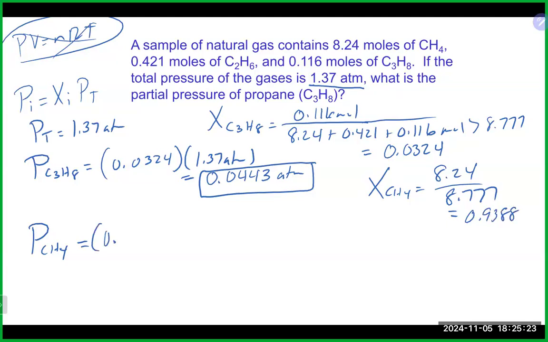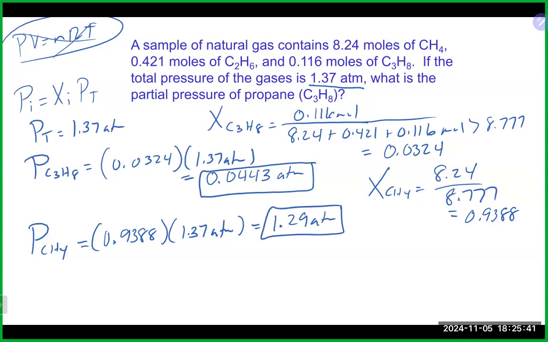We'll put that in: 0.9388 times our 1.37 atmospheres would give us a partial pressure for methane of 1.29 atmospheres.